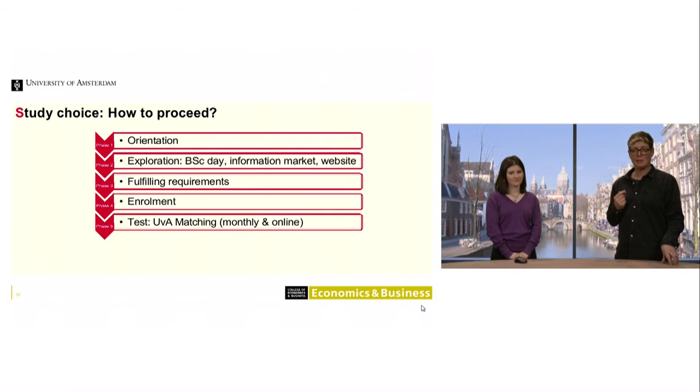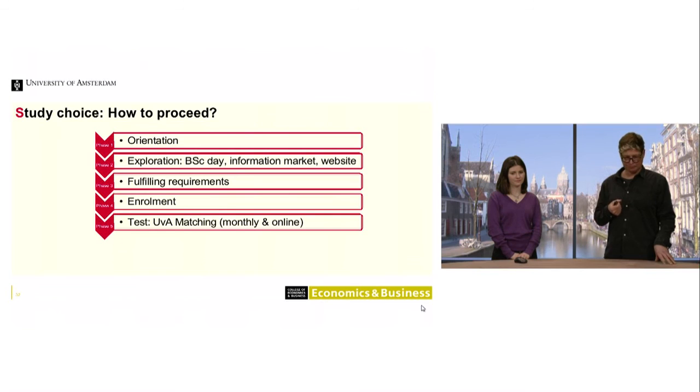The next phase is that you check whether you fulfill the requirements. If you're an international student, then it's wise to contact our international office, the admissions office. Then you enroll. And once you enroll, you sign up, this should be done before the 1st of April, then we have the monthly UvA matching procedure, which is compulsory.